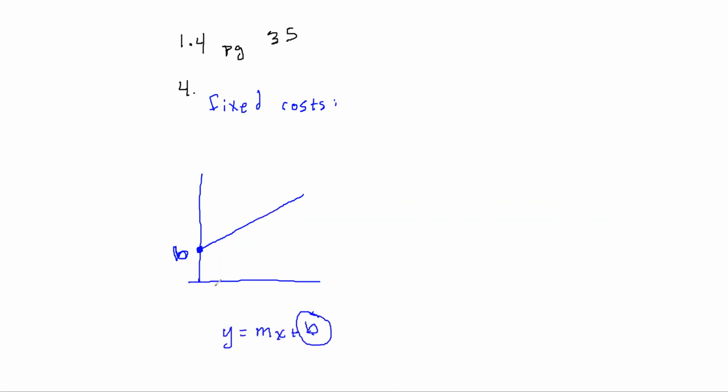So in order to find that out, this is going to be our Q axis, and this is going to be our C. This is the function C of Q, and we'll just call this Y. So this is going to be Q and not X. So we're looking for Q equal to 0. Our fixed costs for this are going to be $5,000.